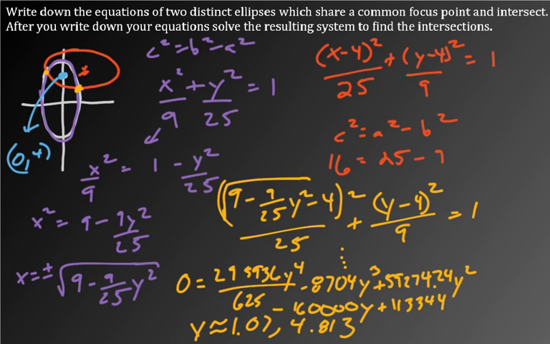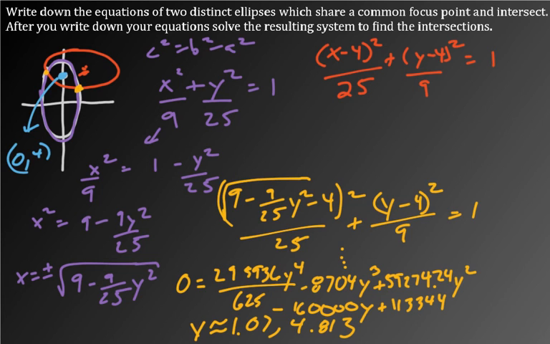And then getting the x value is not bad because you can just take these two numbers and plug them in, and that all is actually pretty nice. So the x values that go with those y values are, running out of room here, I'm going to erase this.